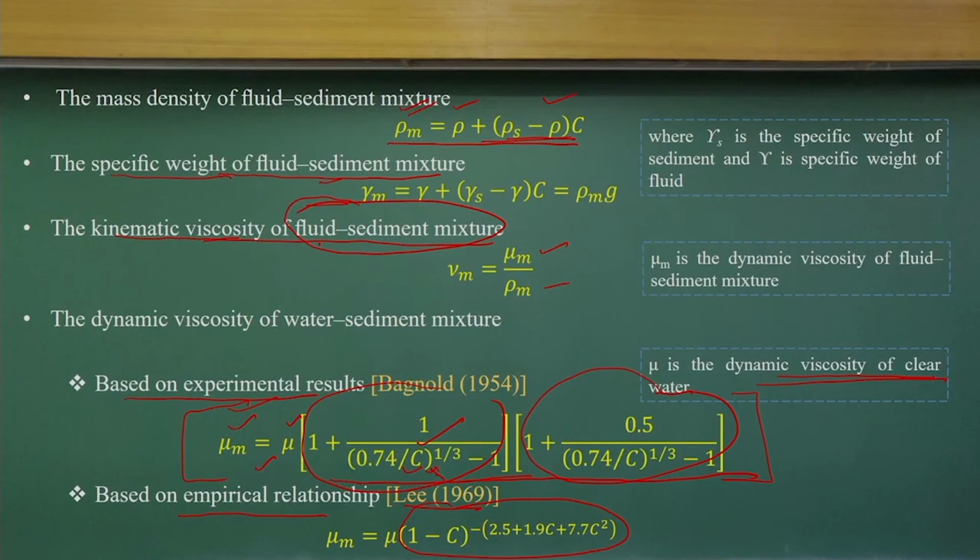So we need to know what the viscosity could be, which will be a function of mu, the equivalent dynamic viscosity of clear water, and a function of C, the volumetric sediment concentration. These empirical equations were established by Lee 1969 and Vanoni and Nomicos 1954 to give the equivalent kinematic viscosity of fluid and sediment mixtures.